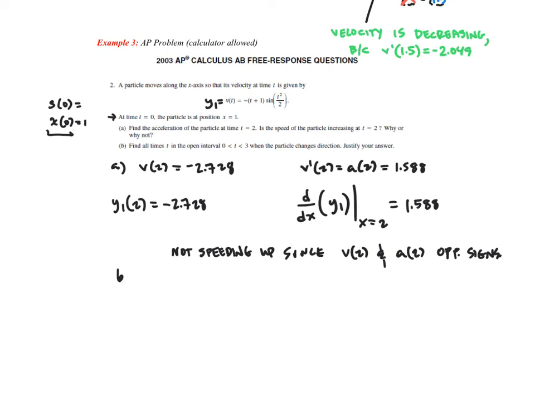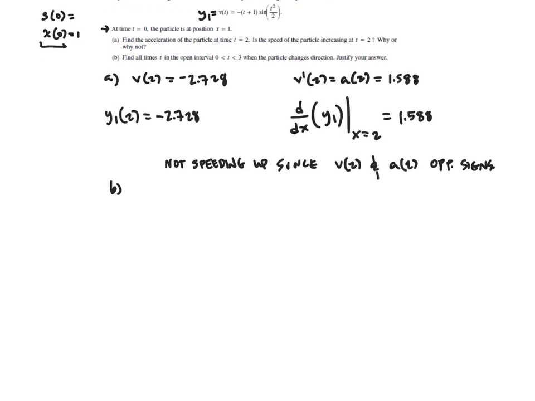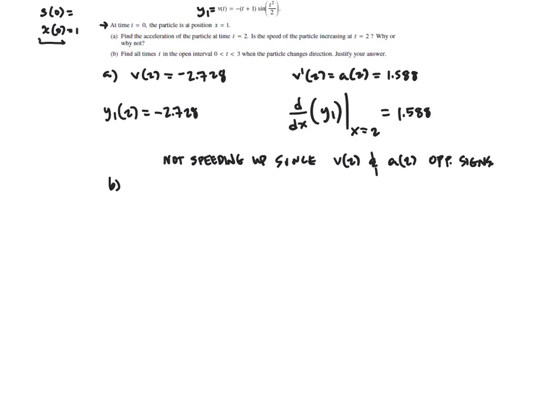It says find all times t in the open interval from 0 to 3 when the particle changes direction. Justify your answer. Okay, there will be a change in direction when the velocity graph is equal to 0 and changes sign. So in y1, we already have our velocity function. So we want to graph it on the interval from 0 to 3.